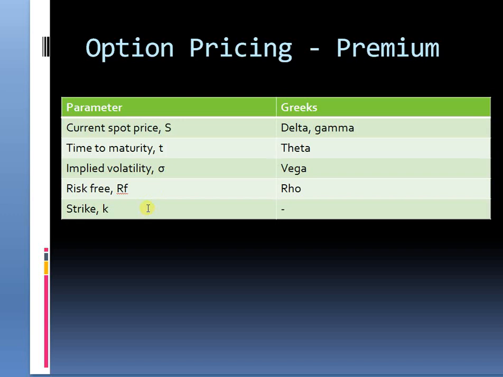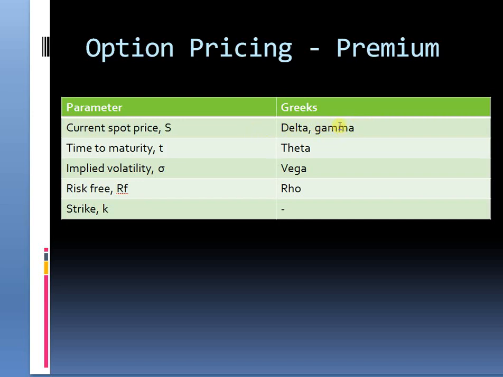There are certain Greeks that measure the change of all these parameters and their impact on the premium, and these are again plain vanilla basic Greeks. There are higher order Greeks which we are not going into for now. For the plain vanilla Greeks, there is delta, which measures the change in the premium when the spot price changes.